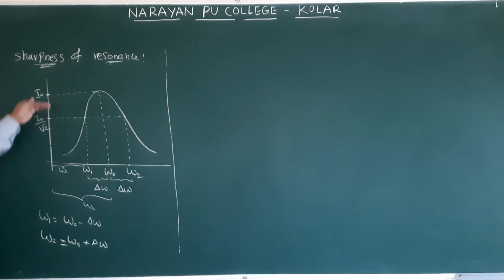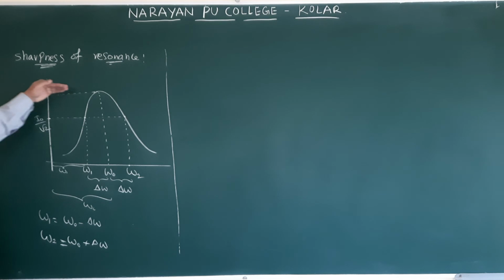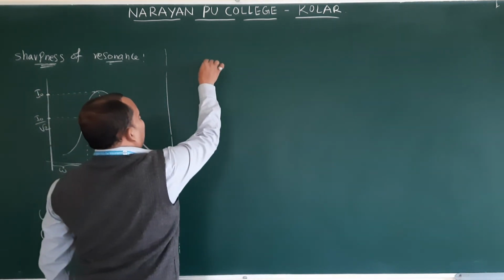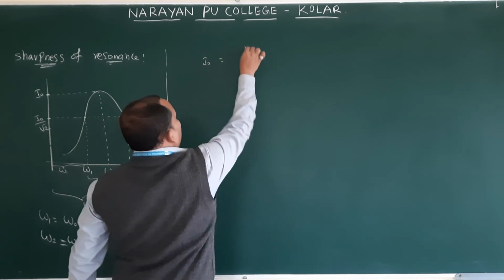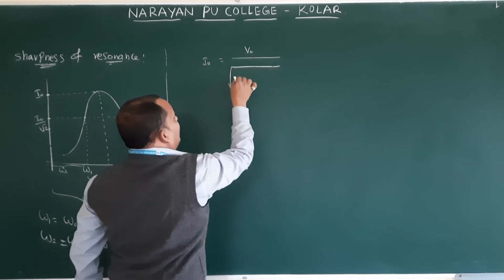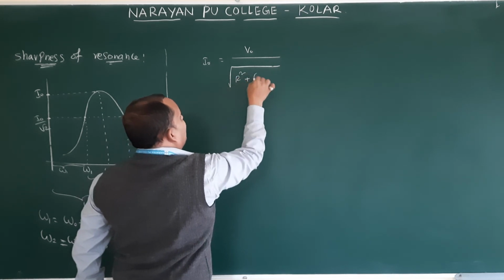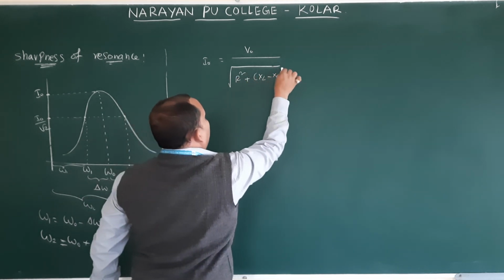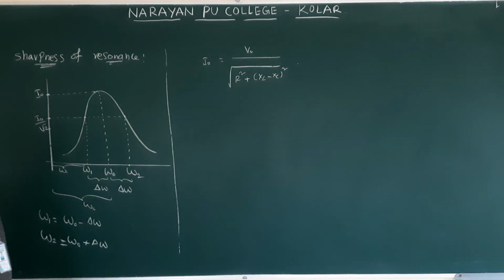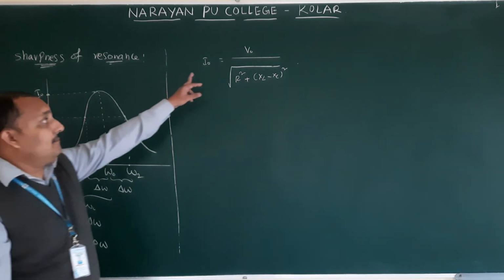Now, what is the maximum current at resonance that we are going to calculate? What is the general equation? The peak value I naught is equal to V naught by root of R square plus XL minus XC whole square. This is nothing but the peak value.